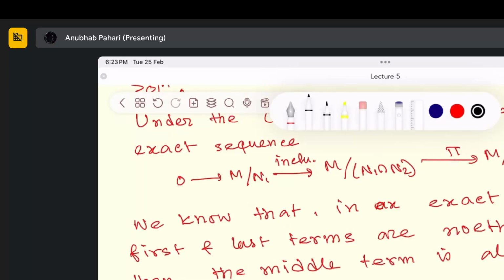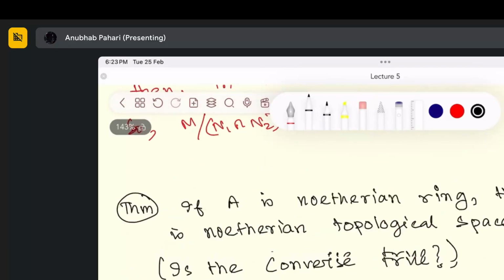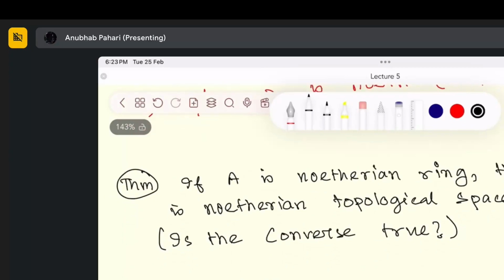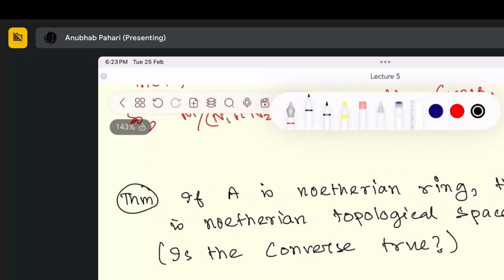I think this is important. Also, is the converse true? Now, this is a very important theorem in algebraic geometry.